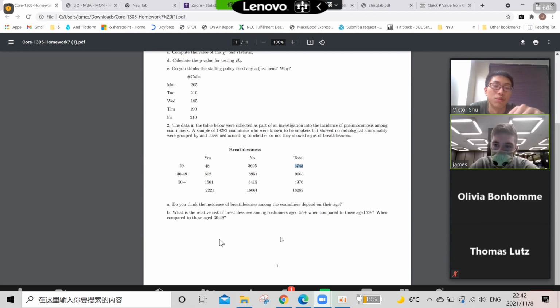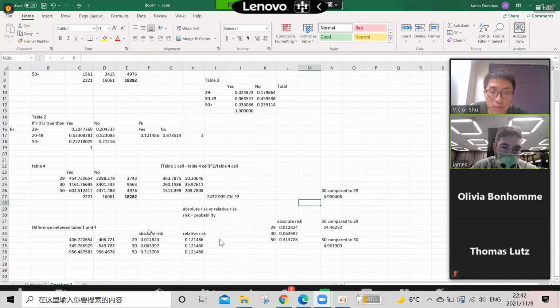Maybe you look at the difference of those two tables. You do some calculation. It also works, but I think this way is the easiest way to answer the question. Yeah, this absolute risk thing makes sense to me.